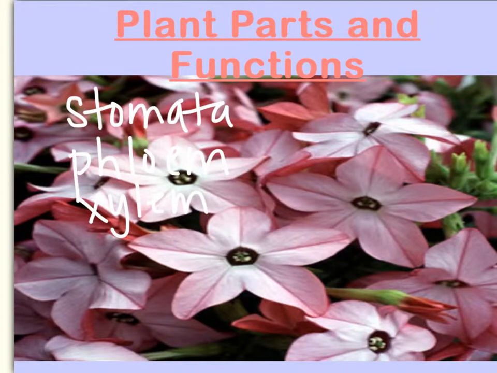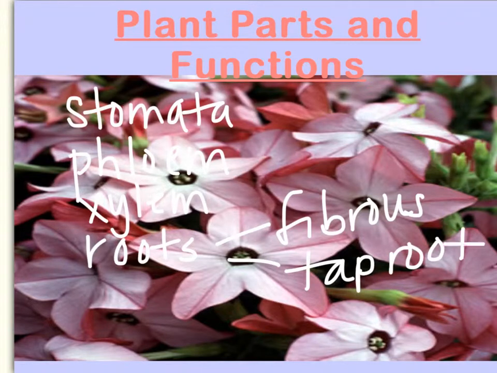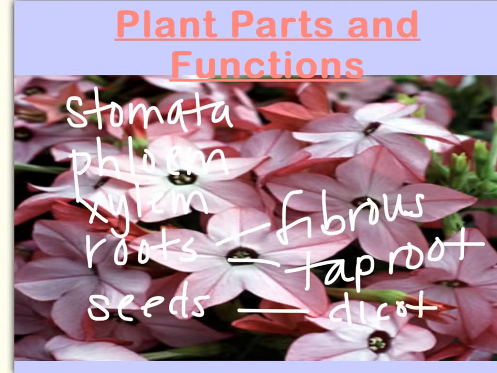Two different kinds of root systems, they're fibrous and then taproot, and then two different kinds of seeds, and those are dicot and monocot.